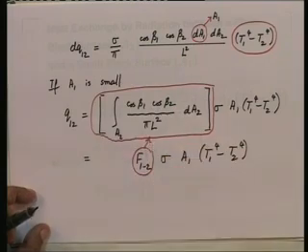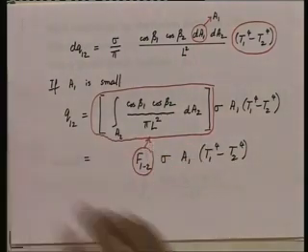All right. And again it has the same physical meaning. It stands for the fraction of the radiation emitted by 1 which goes towards 2 and is intercepted by 2. That is the meaning of the shape factor.